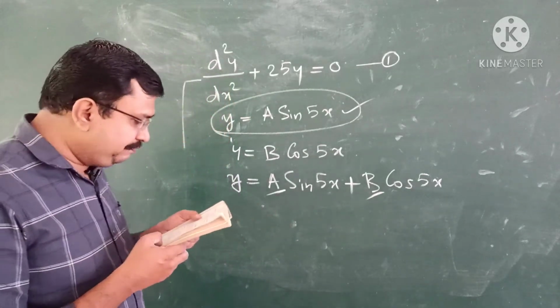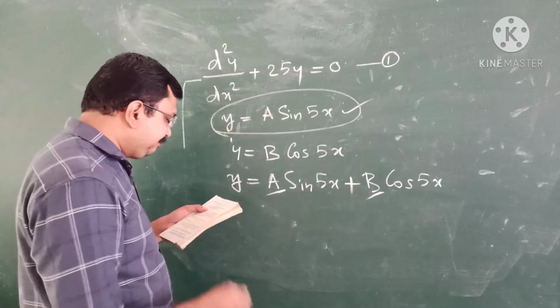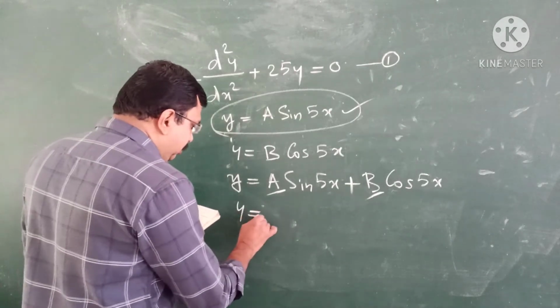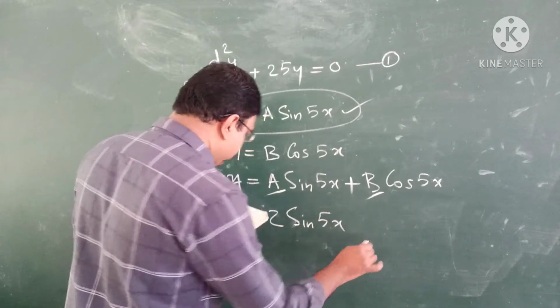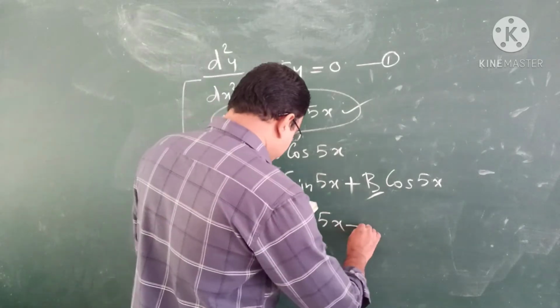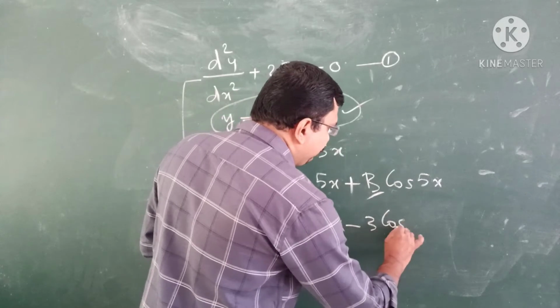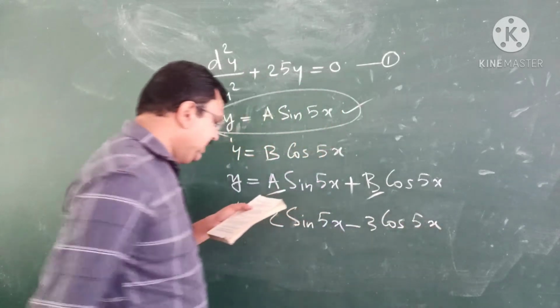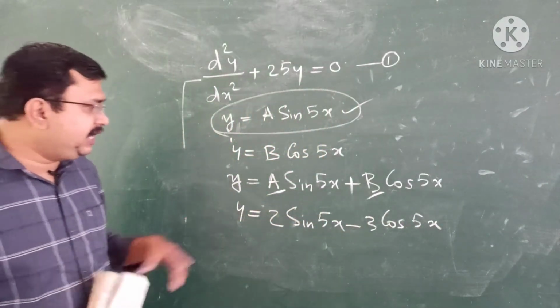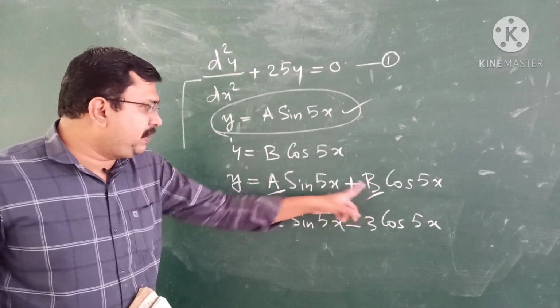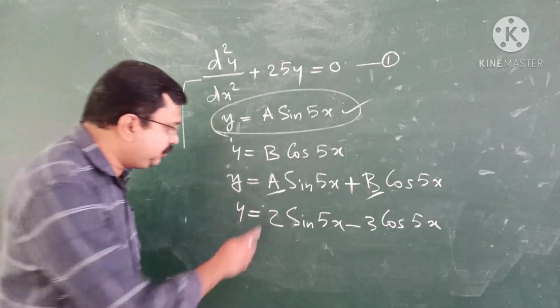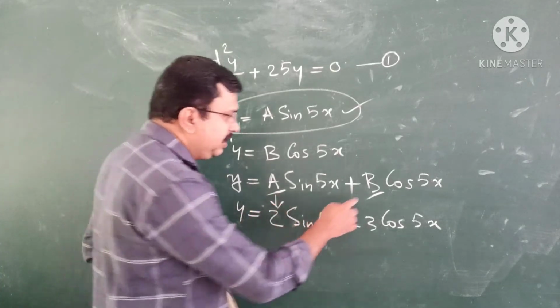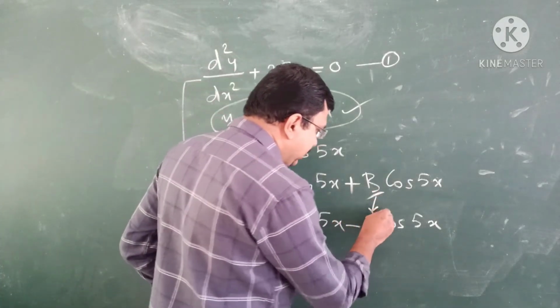For example, here y equal to 2 sin 5x minus 3 cos 5x is a particular solution. Here the constants are replaced by particular values. a is replaced by 2 and b is replaced by minus 3.